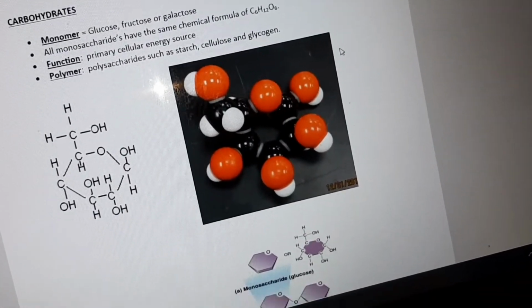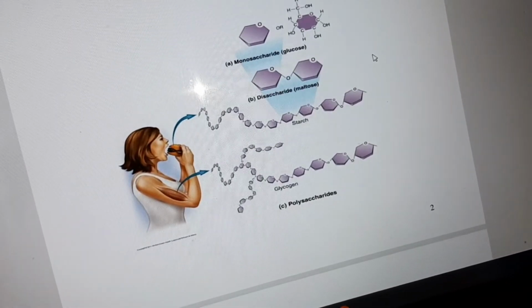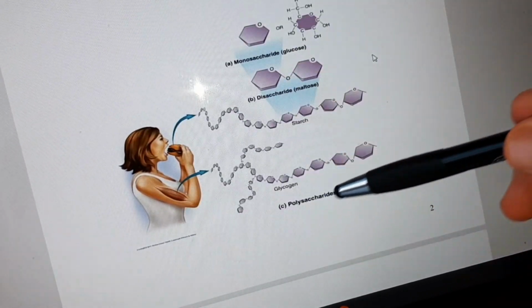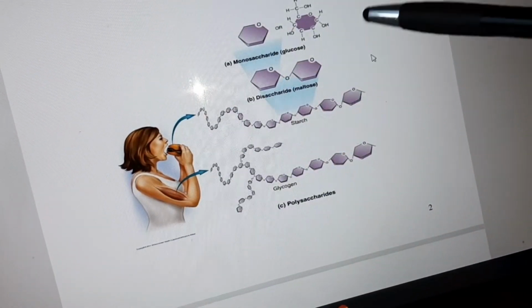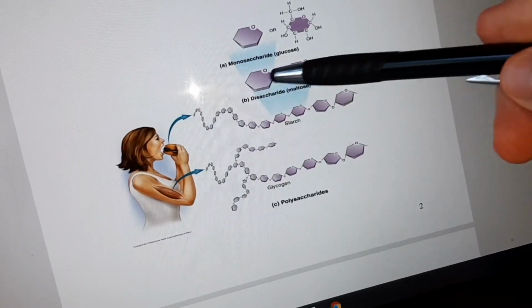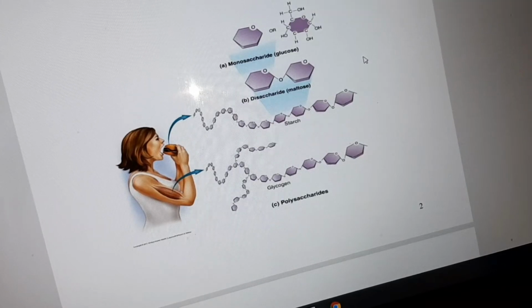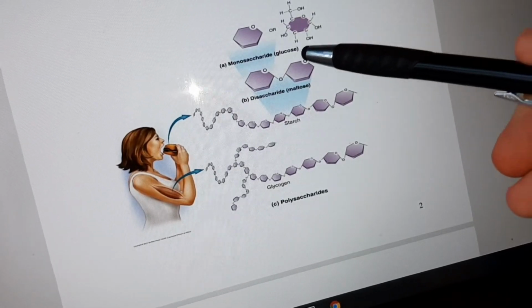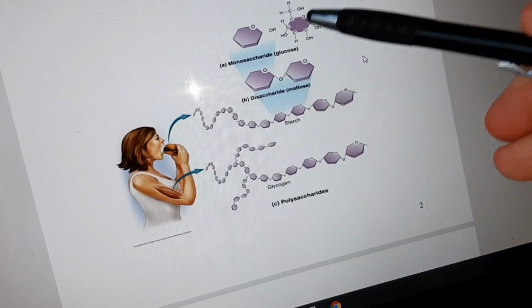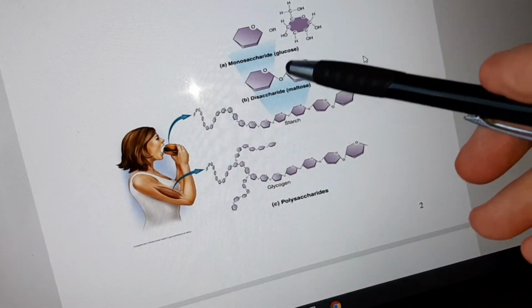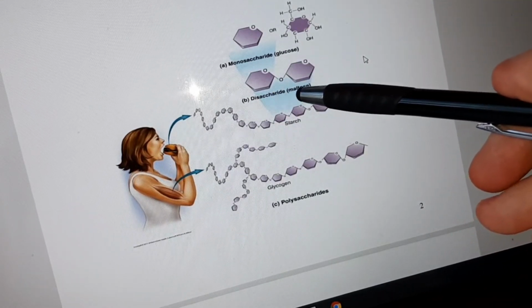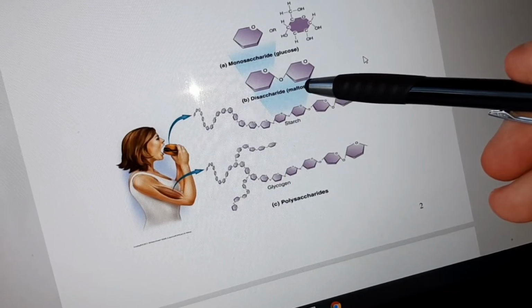We don't have a model to show you that, but in your lab packet, if you take a look at the picture just below this, and this is from your textbook, you can see how, through dehydration synthesis, we take 2 monosaccharides, such as glucose. Through dehydration synthesis, we remove a water, we join them by a covalent bond to form a disaccharide known as maltose.